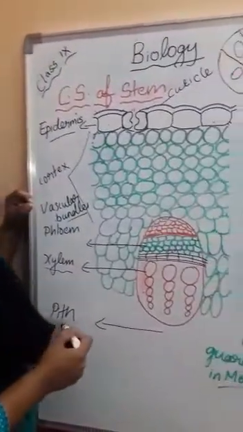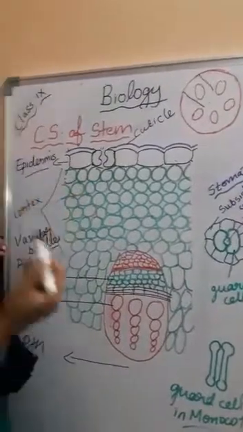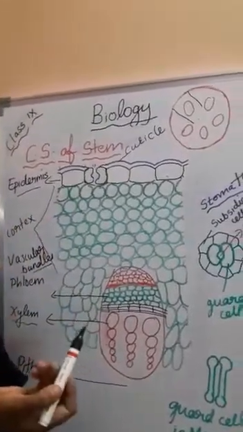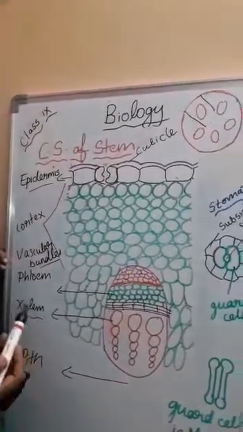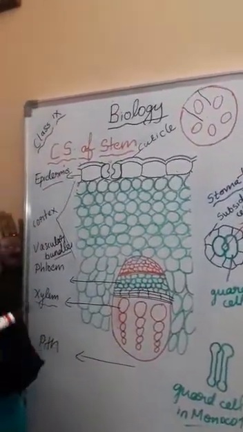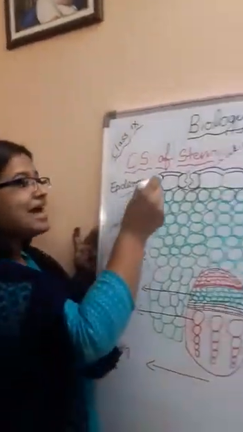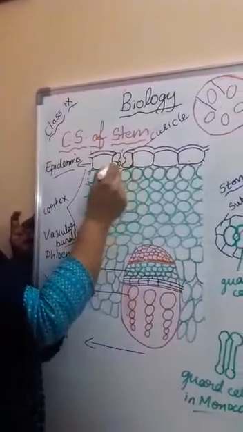Pith. Okay. And then coming back to epidermis, in the case of stem or leaf, the exchange of gases or even the transpiration process occurs through small pores, and that is called stomata. This is the representation of the stomata.